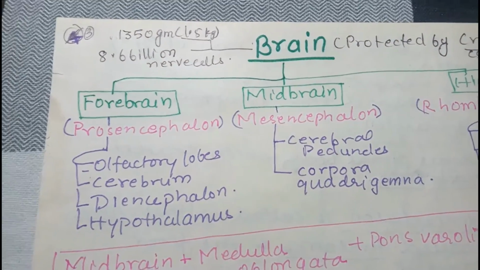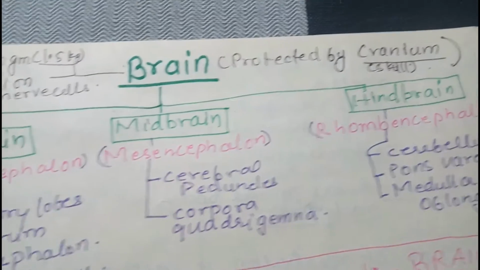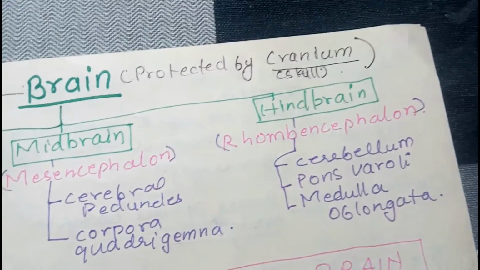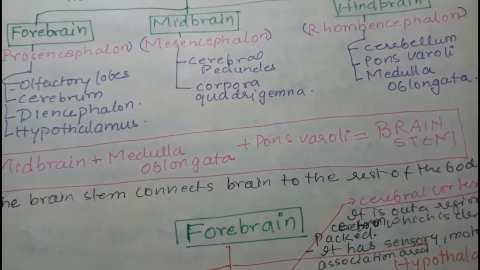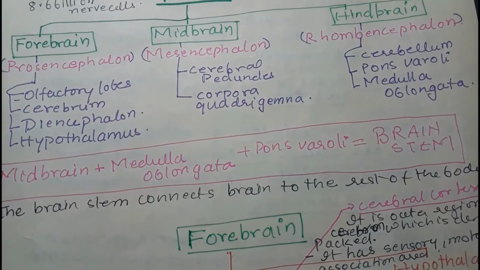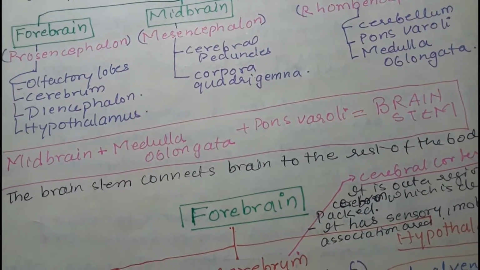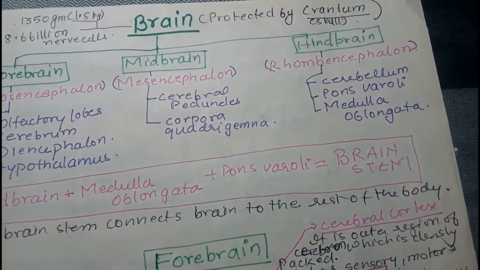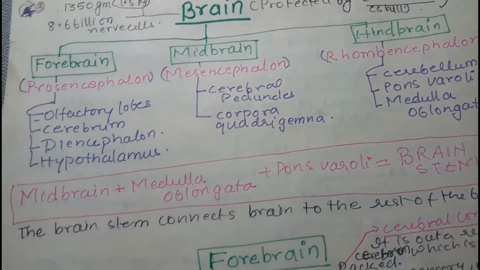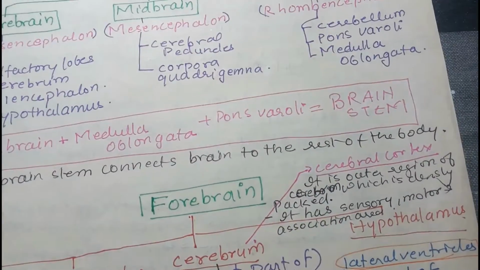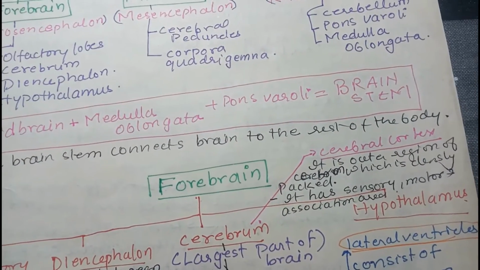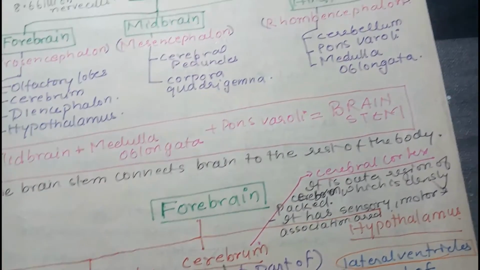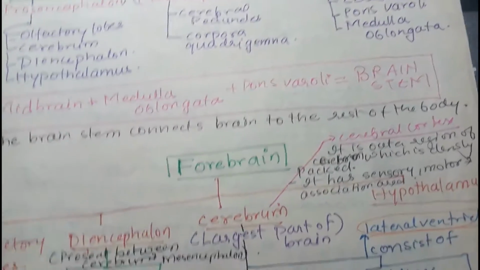Forebrain is also known as prosencephalon, midbrain mesencephalon, hindbrain rhombencephalon. Brain stem means the midbrain plus medulla oblongata and pons varolii. This whole portion is called brain stem, and the brain stem connects the brain to the rest of your body.